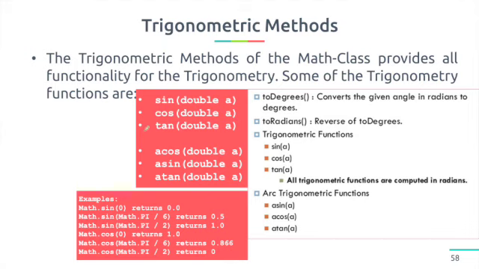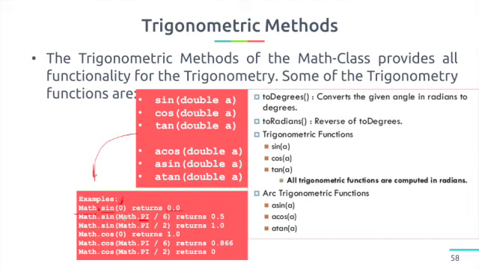The way that we write those in Java is we first write Math, which is the name of the class, and then we add a dot, and then we write the name of the method. Between the parentheses, we add the value that we want to calculate the sine of. In this example, the sine of 0 returns 0. Another example, and here it also shows you how to write pi.